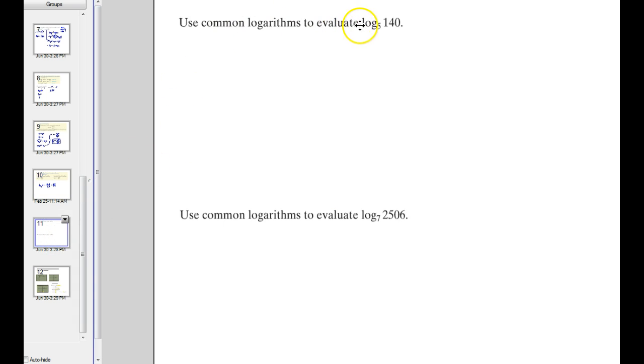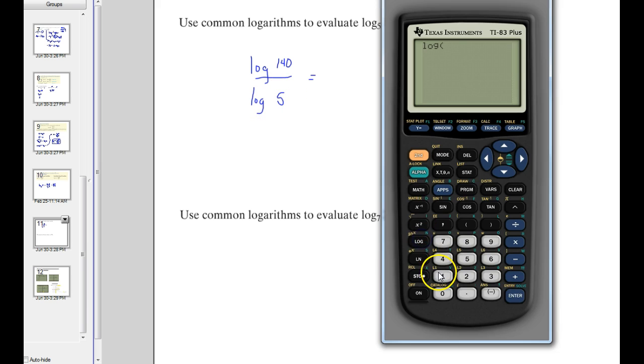Alright, use common logs to evaluate the log base 5 of 140. Alright, common logs are base 10, so that would be the log of the original input divided by the log of the original base. So log 140 divided by the log of 5. And do make sure you close those parentheses.